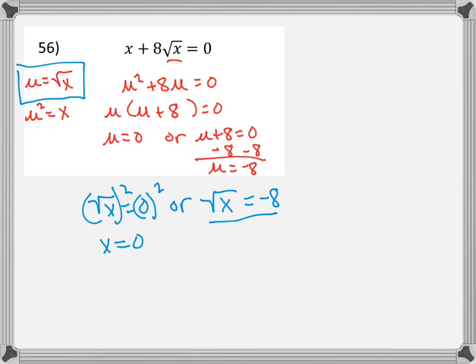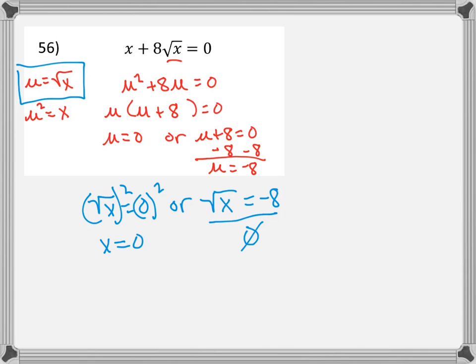The second one, when is the square root of x going to equal negative 8? Well, if we are solving over real numbers, which we are here, there is no solution, or no real solution anyway. So our only real solution is x equals 0.